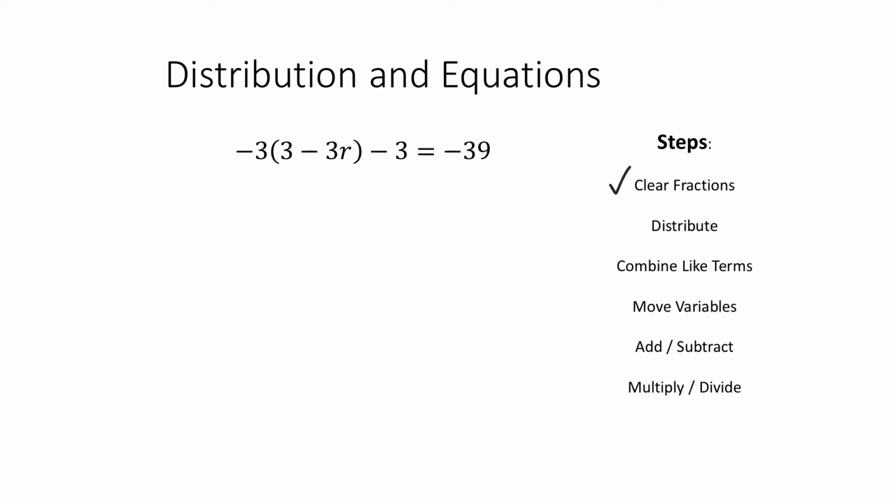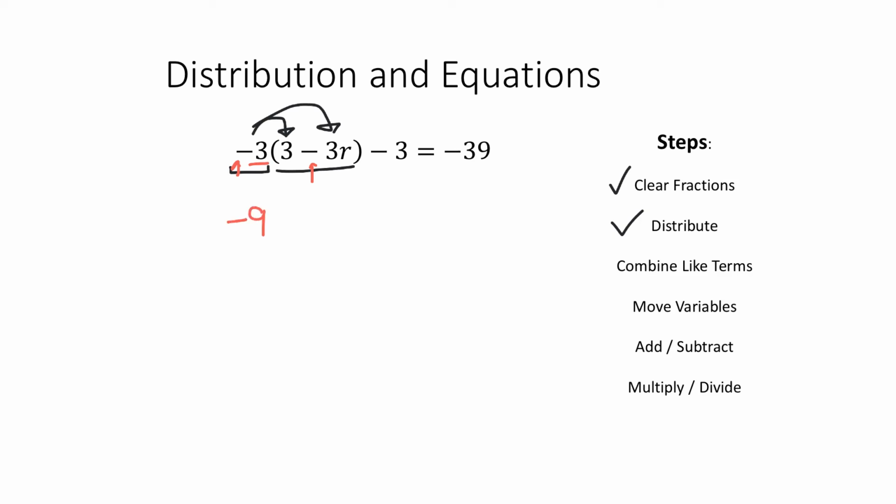So we're going to see now that we have to distribute. When I look at that, I look for the parentheses. So here's my parentheses. I go to the number that's in front of it, which is negative 3. And I'm going to distribute that to both pieces inside of this particular set of parentheses. Now I'm going to take special care because we have a negative here and a negative here. So first of all, negative 3 times 3, which is negative 9.